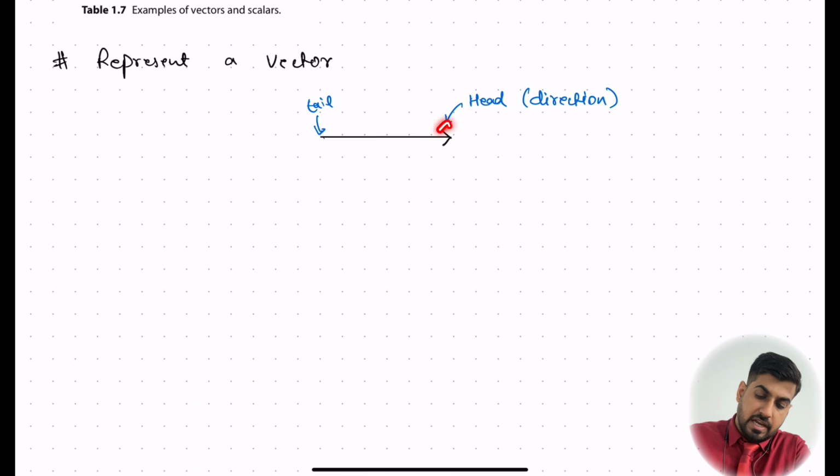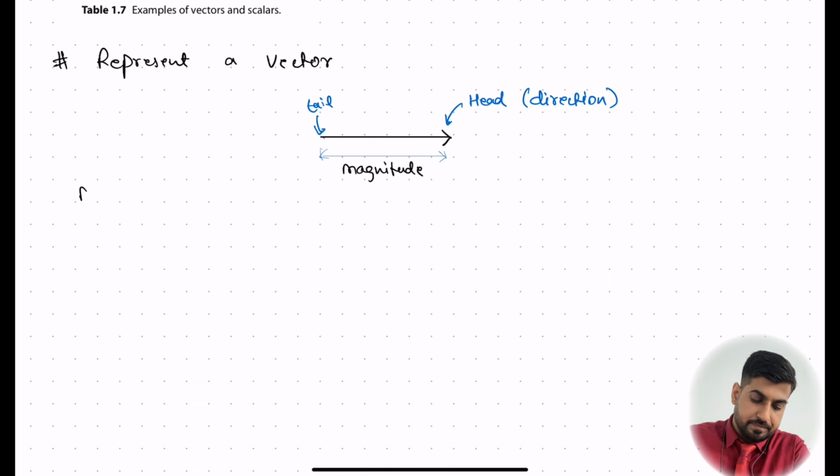So this is the head of the vector, this is the tail of the vector, and the length of the arrow denotes the magnitude, how large a vector is.